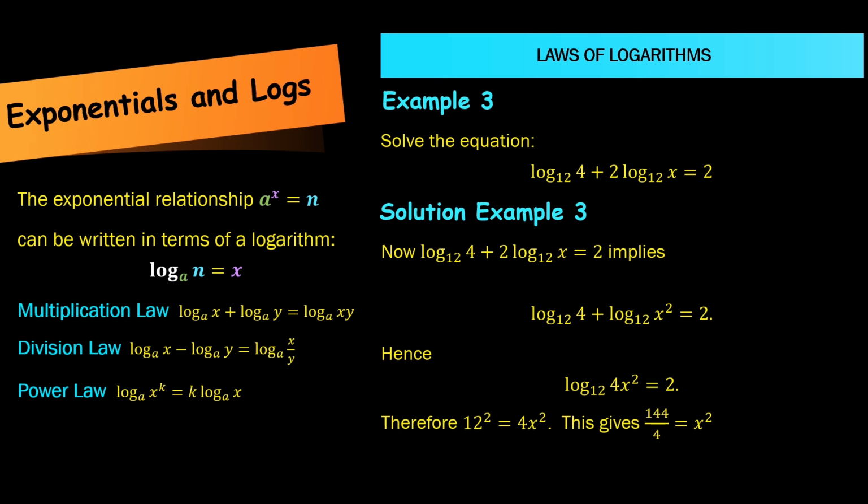And then solve for x. So x squared is now 144 divided by 4, or x squared is 36. Hence x equals 6.